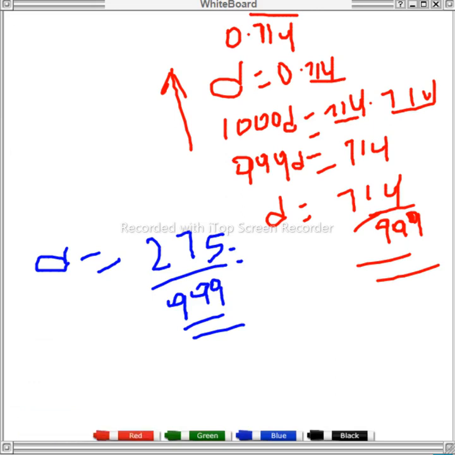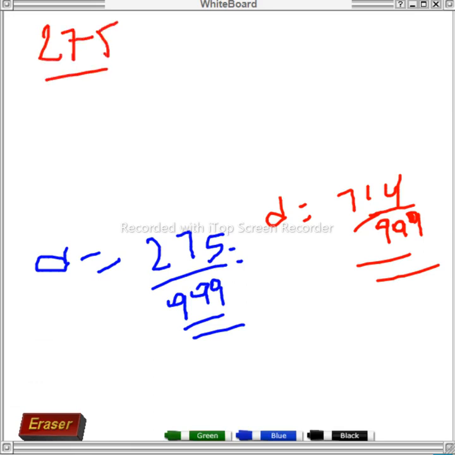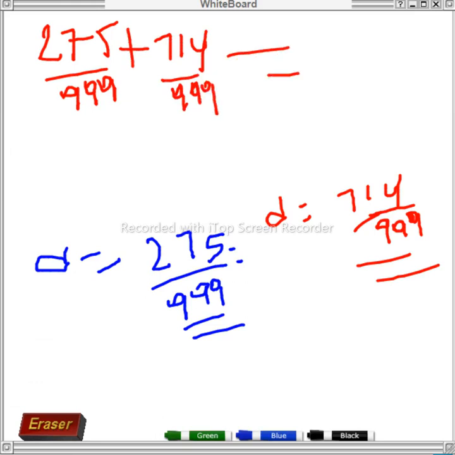Let us add 275 over 999 plus 714 over 999. The denominator is the same, so simply adding the numerators: 5 plus 4 is 9, 7 plus 1 is 8, 2 plus 7 is 9, over 999.